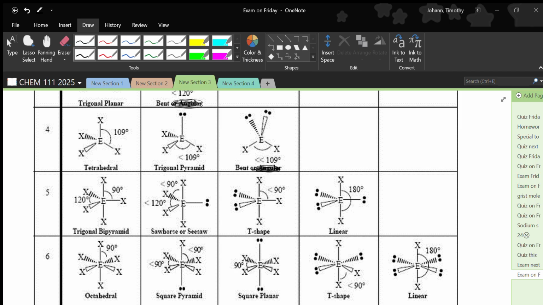All right, so trigonal bipyramidal. So we talked about this before. An example of trigonal bipyramidal. We'll go through all of them, and then we'll do examples of all of them. Okay. So when I have 5 groups all around, that's what we call trigonal bipyramidal.